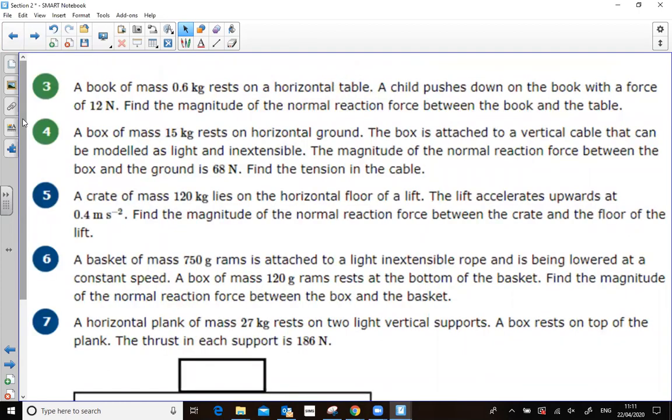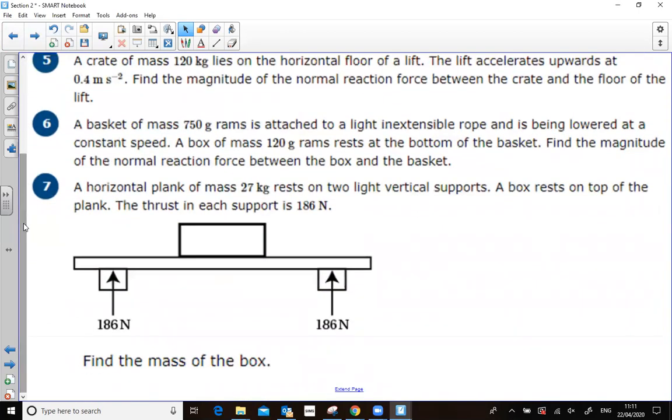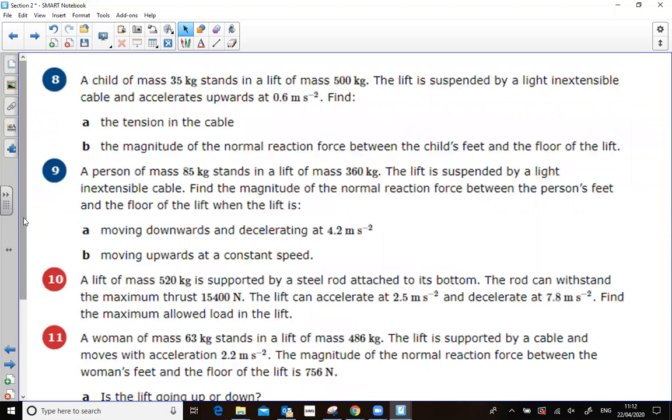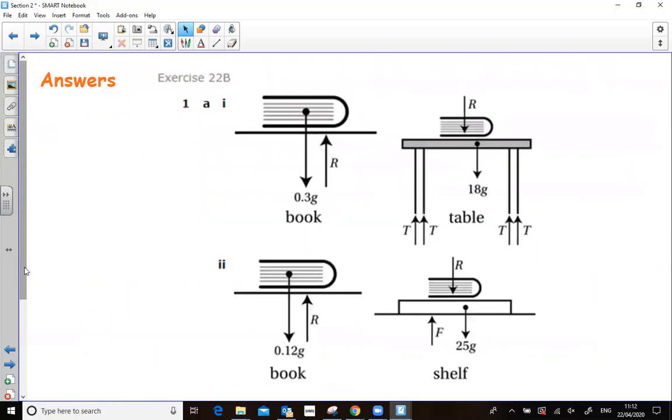Questions 3, 4, 5, 6, and 7. Question 8, 9, 10, and 11. And here are the answers.